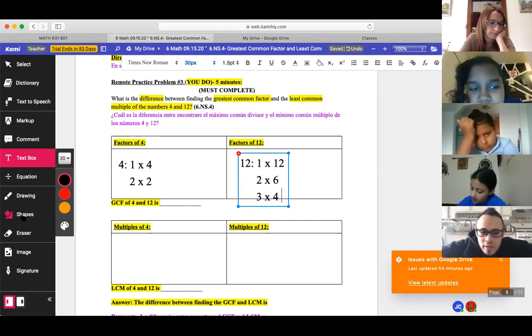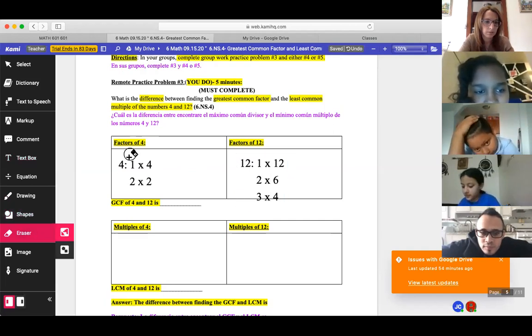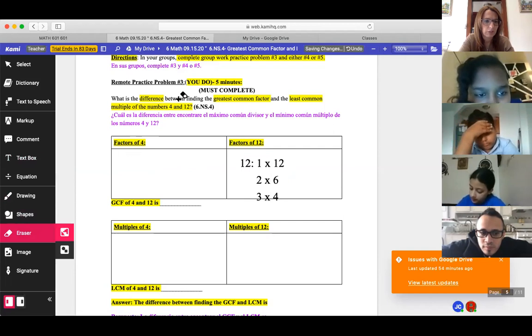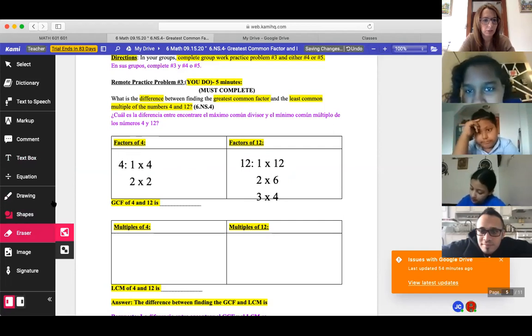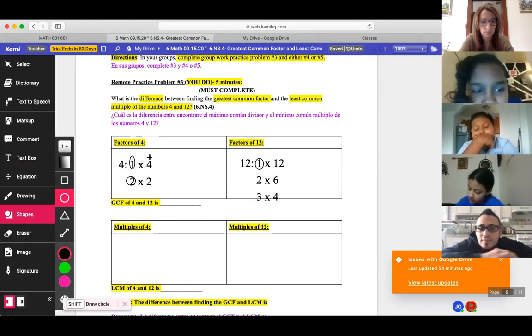Good. Now what is the greatest common factor? What do they share? They both share 1, 2, and 4. What's the greatest? The biggest is 4.